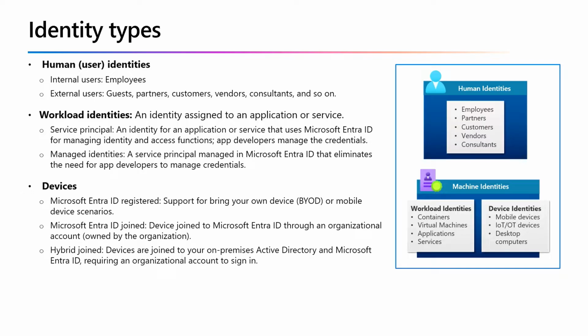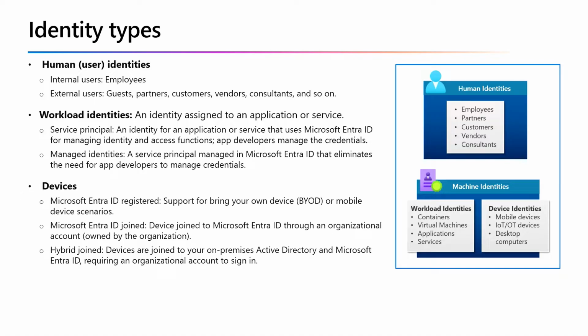The third category that you can assign identities to is physical devices, such as mobile phones, desktop computers, and IoT devices. Device identity can be set up in different ways in Microsoft Entra ID. We have Microsoft Entra ID registered devices, which provide users with support for bring your own device or mobile device scenarios.